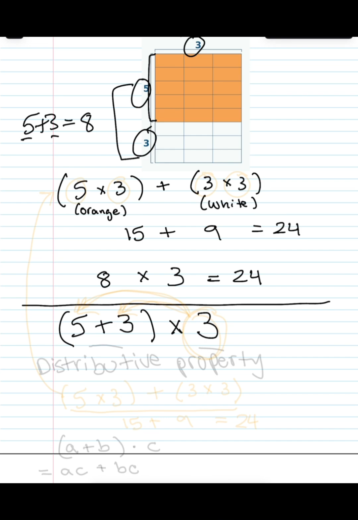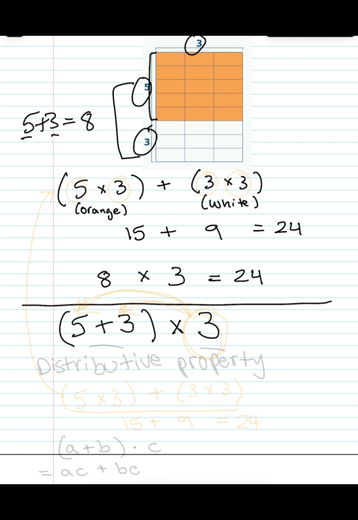And the reason is we've done the rows, which is 5 plus 3, and we multiply that by the columns, which is 3. So this is what we call the distributive property.